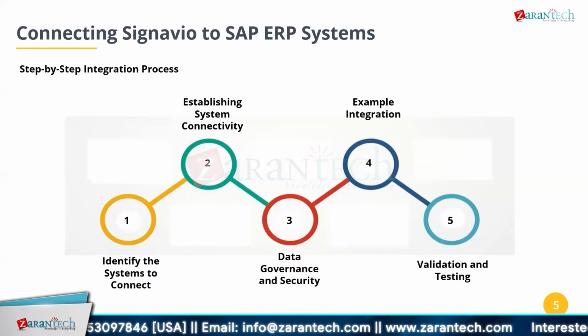The connection of SAP Signavio with any other ERP system is very smooth. It covers 5 major steps. One is identifying the source system which we have to connect with our SAP Signavio. As of now, we have different modules in Signavio which have the ability to connect with other systems.